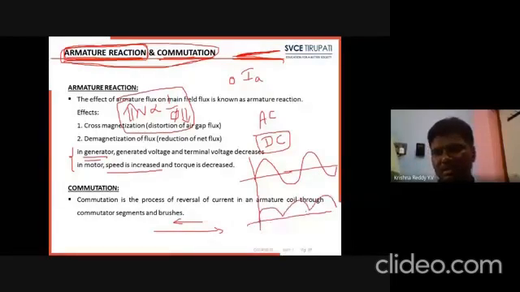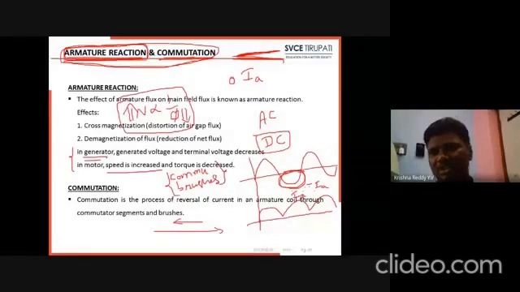During the negative cycle, we need to change the direction of armature current from minus IA to plus IA through the commutator, that is split rings, and also with the help of brushes. With the help of the commutator and brushes, we change the direction of current from negative to positive.